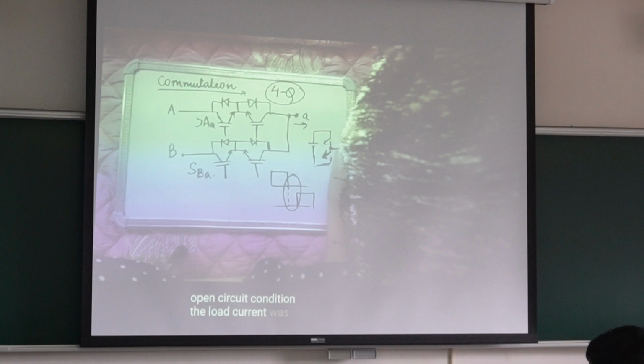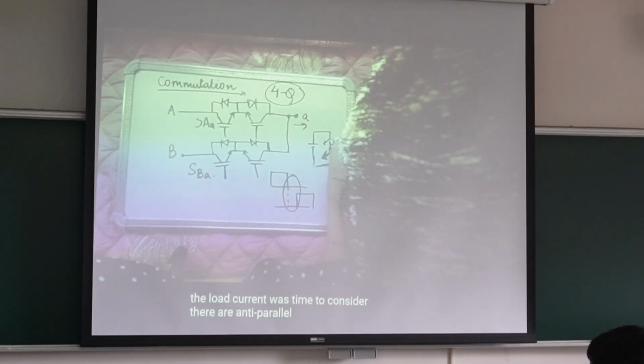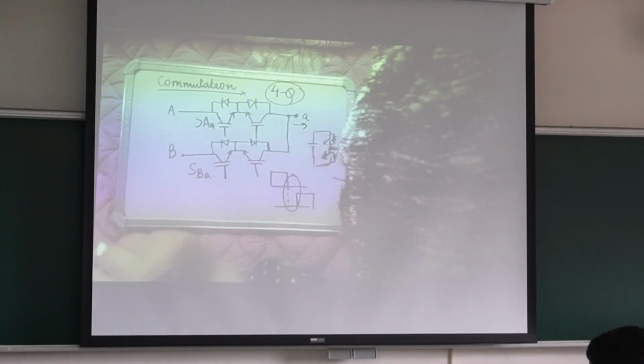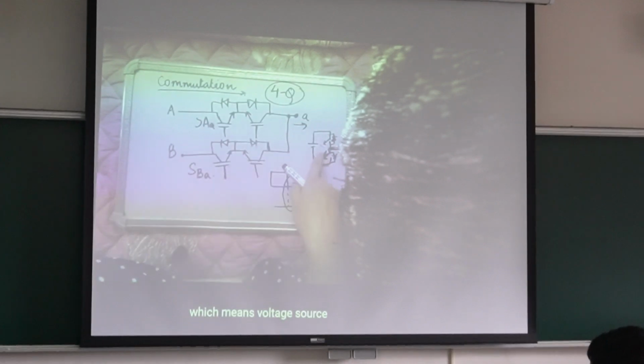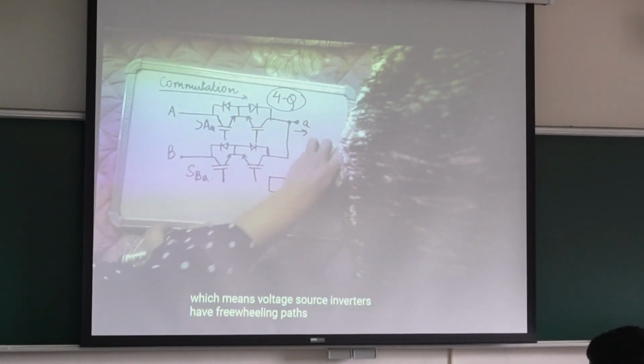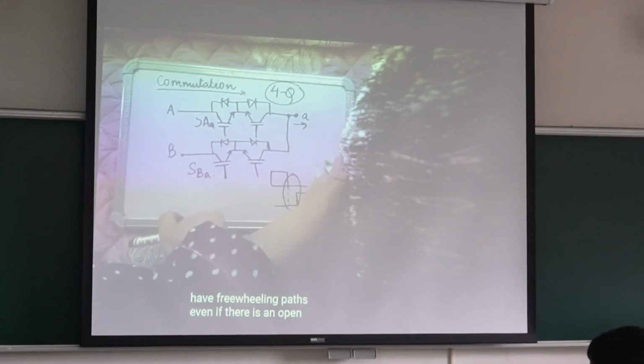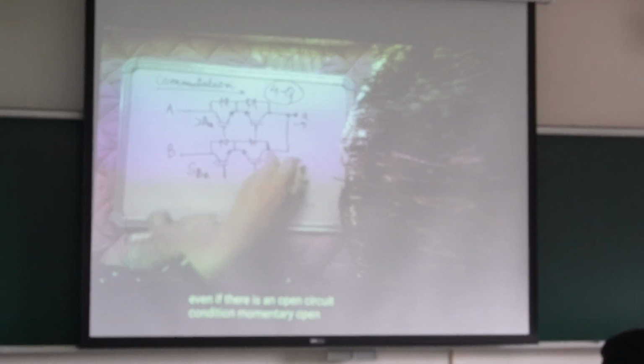The load current, where will it go at that time? There are the anti-parallel diodes, in a voltage source inverter. If the load current is positive, it will go from here, and if the load current is negative, it will go through this upper diode. Which means voltage source inverters have freewheeling paths, even if it is a momentary open circuit condition in the load.